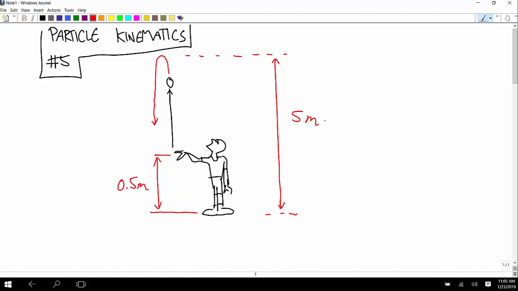So if it takes off at 10 meters per second, it's going to be 10 meters per second on the way back down too, which is why people tell you not to shoot guns into the air on New Year's Eve. Bullets have a terminal velocity, they're going really fast, so there's a lot of air resistance. But if you neglect air resistance, the bullet comes right back down at the exact same speed that it was shot. So don't get in front of it. Don't try to catch it.